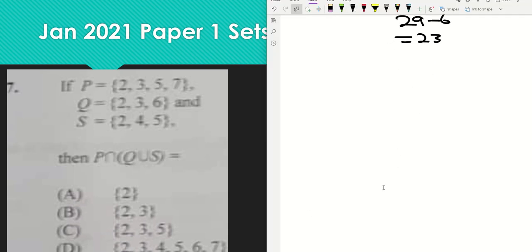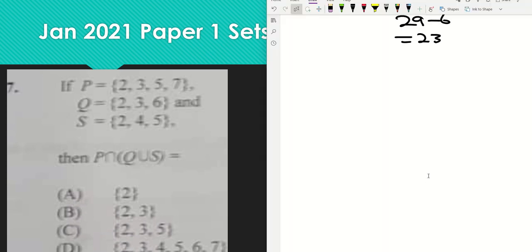If P is 2, 3, 5, 7, Q is 2, 3, 6, and S is 2, 4, 5, what is P intersect Q union S? Q union S would be 2, 3, 4, 5, 6. Remember, in all questions, we always do our brackets first.